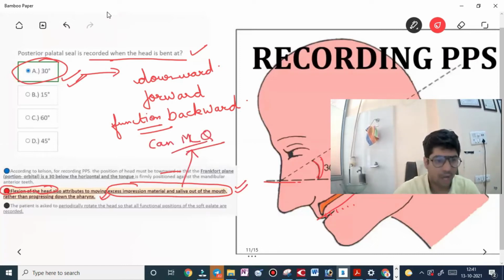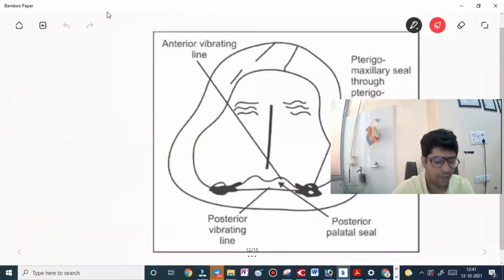Also, the patient is asked to periodically rotate the head so that all the functional positions of the soft palate are recorded. This question was asked twice in your MCQ exam.